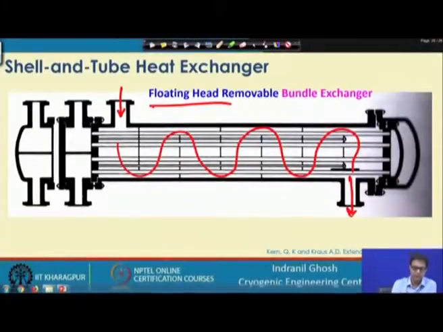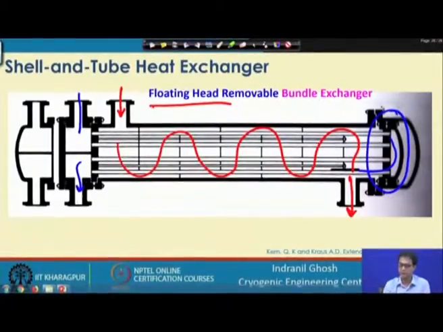But what about the tube side fluid? This is coming over here, and they will come out of it from here. This is the double pass. So, that is up to that part, but why this complicacy we have in the design of this exchanger.